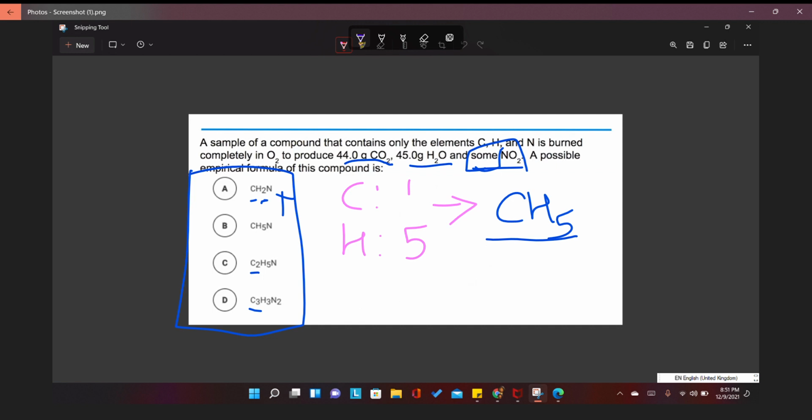Only this option tells us we have the right answer because, let's cross check. C, we got that. And we have H5, and we got that, so that's the right answer.